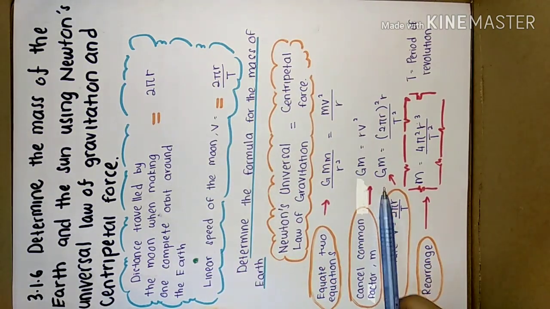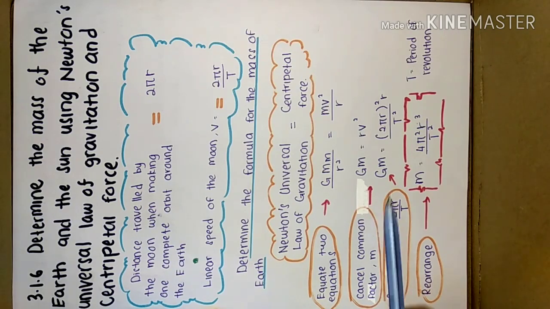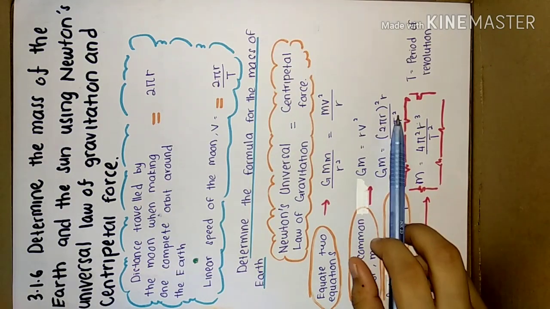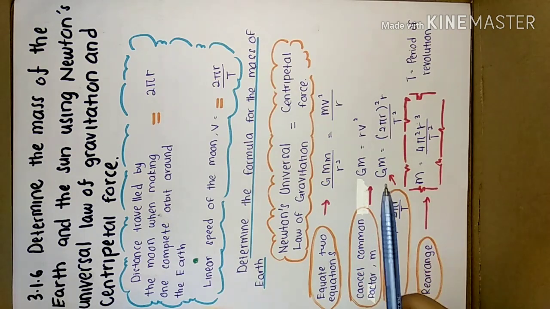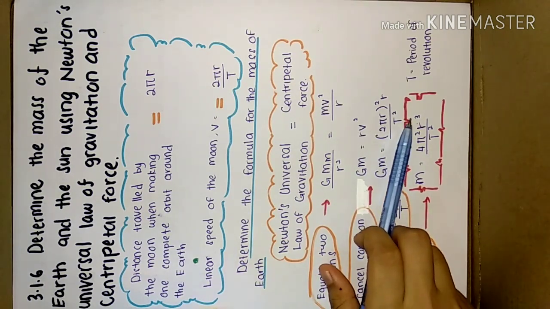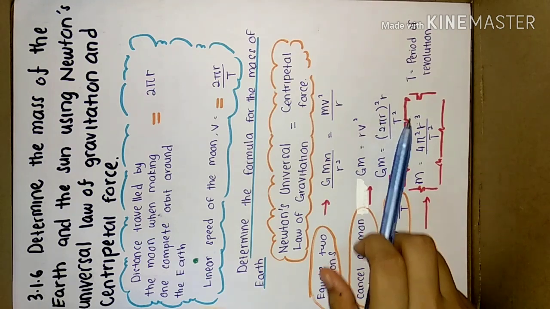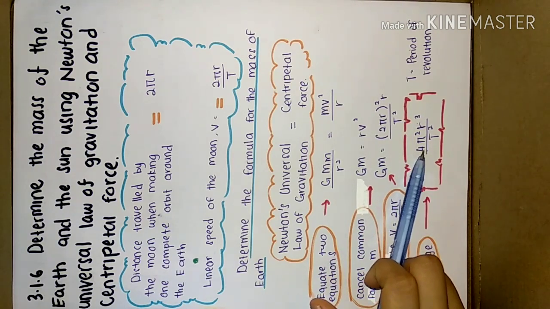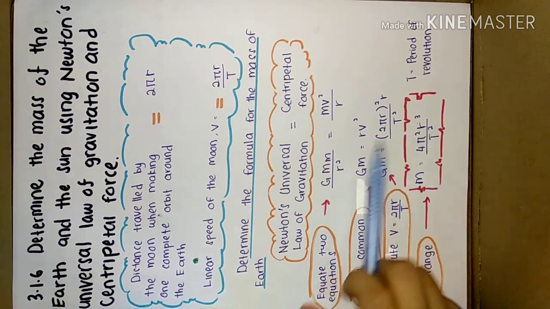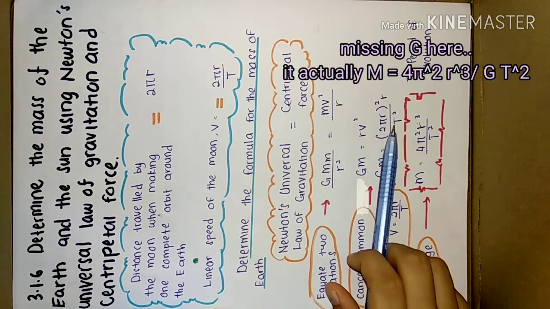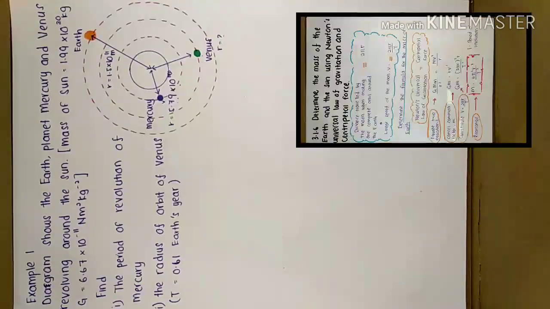And we arrange to move G to the other side to get the mass of the Earth. In the last equation, we have mass equal to 4 pi squared r to the power of 3 over G T to the power of 2. Remember, T is the period of revolution.